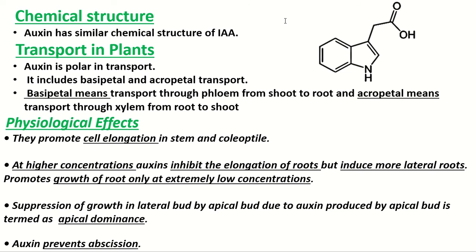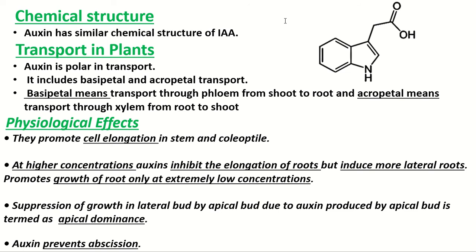The suppression of growth in the lateral bud by the apical bud, due to the production of auxin by the apical bud, is said to be apical dominance. Apical dominance is one of the characteristic features of auxin, which means the auxin produced by the apical bud results in growth of the apical bud alone.